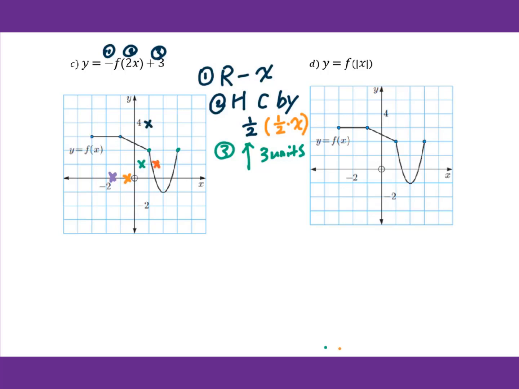Then you need to connect all these 5 points. This will be the final transformed graph.